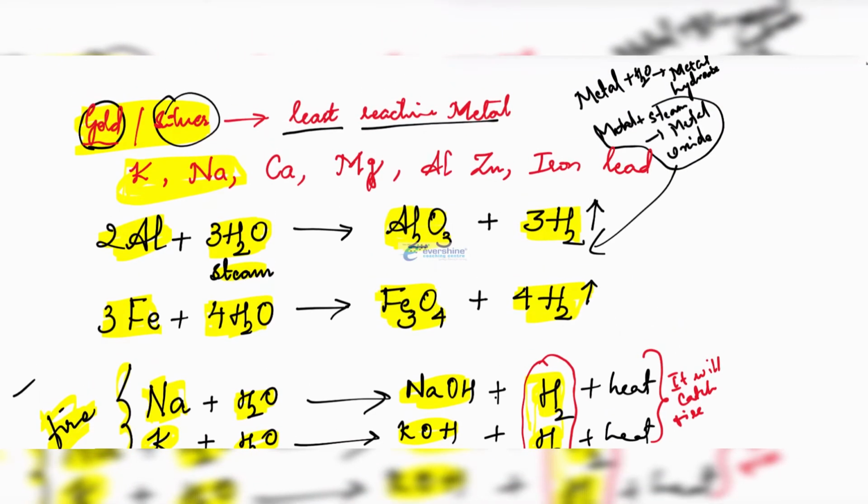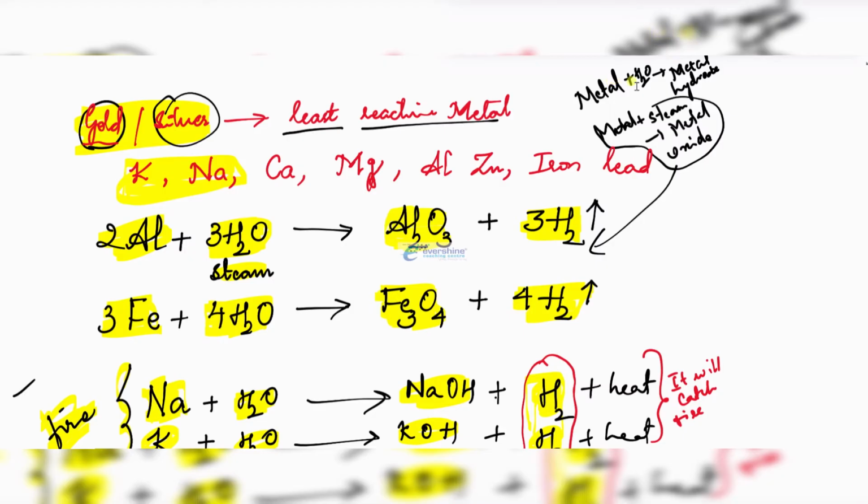Now here we can see that when a metal reacts with steam or water, we have two different concepts. Both have the same formula, but see the product. This is very important. Don't neglect this point.